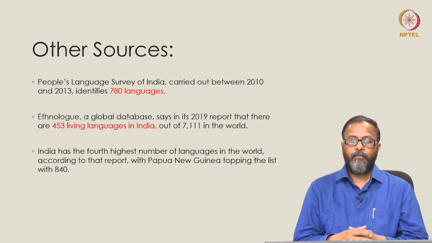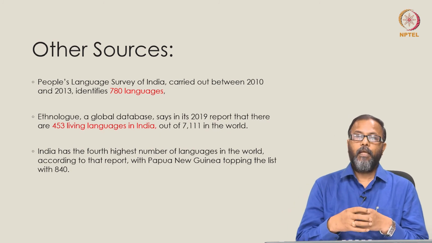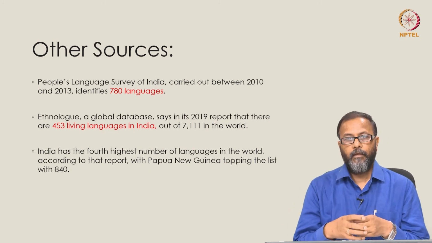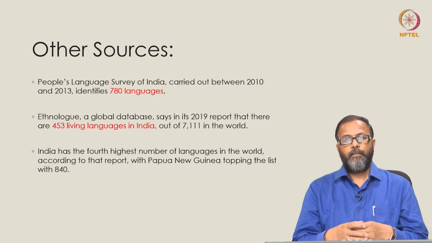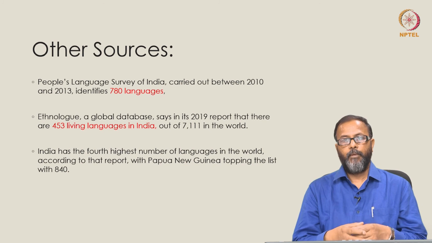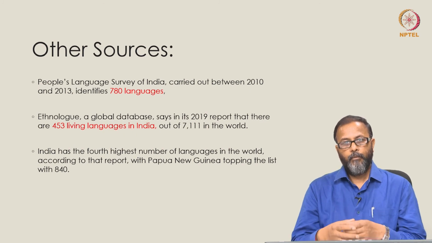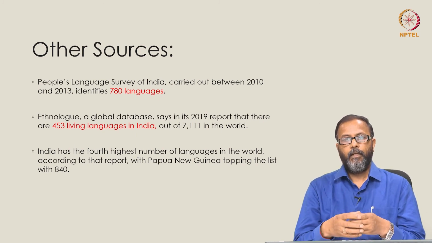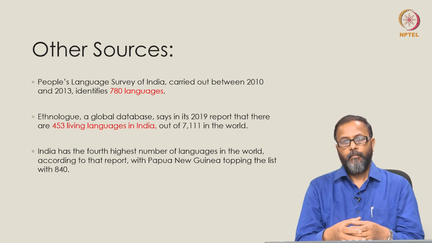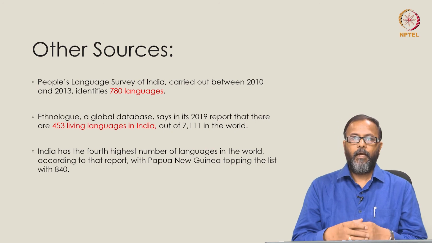And this happens with many other languages, all languages perhaps, because the census groups all these languages in some language or the other. Like Tamil, some languages are grouped under it. Telugu, some languages are grouped under it, right? Marathi, some languages are grouped under it. So the languages which are grouped under these dominant labels or names, do we consider them separate languages, or are they simply dialects of this language?